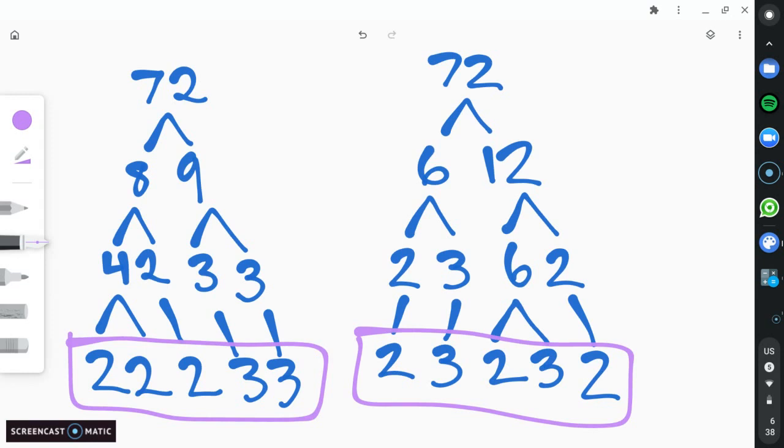And that is fine, because the commutative property of multiplication says that no matter what order the numbers are in, you can multiply them, and they will get to the same answer. So 2 times 2 times 2 times 3 times 3 will equal 72. And then this thing, all multiplied, will also equal 72.